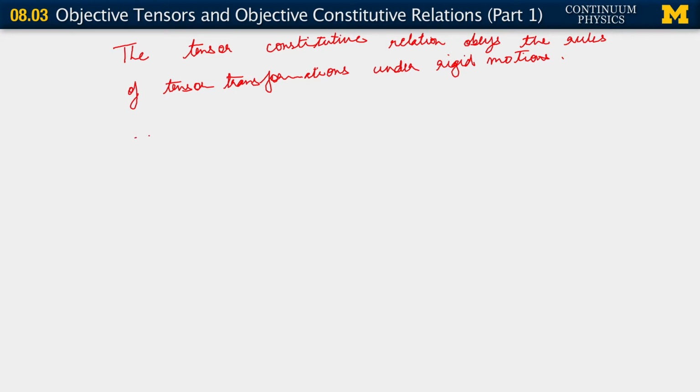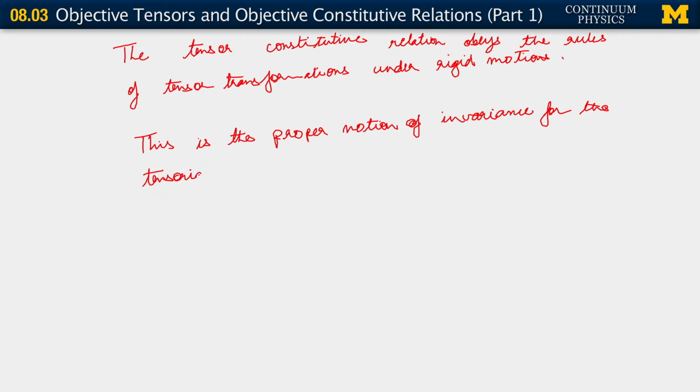Okay, this is the proper notion of invariance for the tensor, or maybe I should call it tensorial constitutive relation.